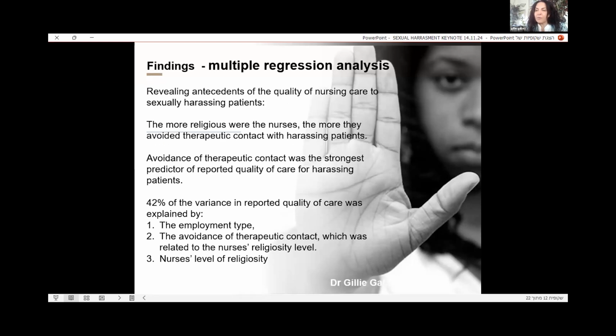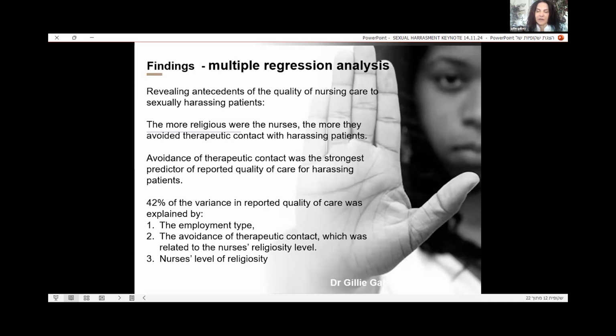We performed a multiple regression analysis to reveal what are the antecedents of quality of care to the harassing patients. We found that the more the nurses were religious, the more they avoided the therapeutical contact with the harassing patients. They also wouldn't talk about it. They wouldn't share it with their friends or their spouses.